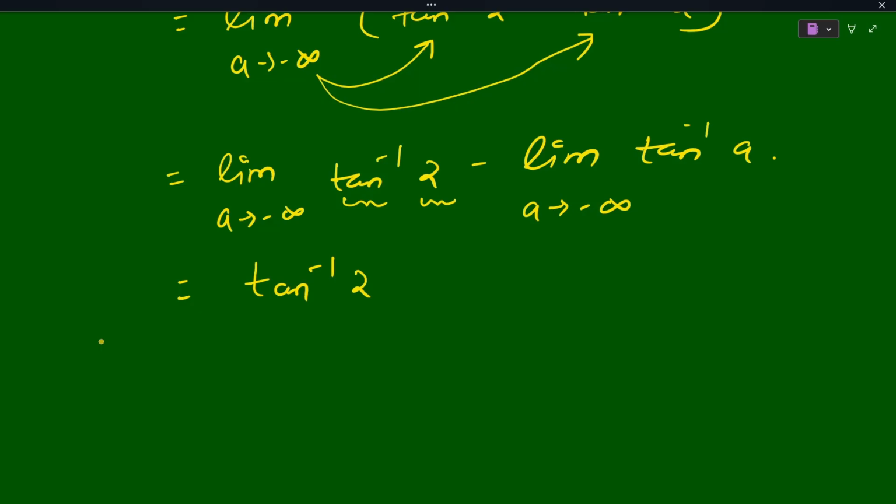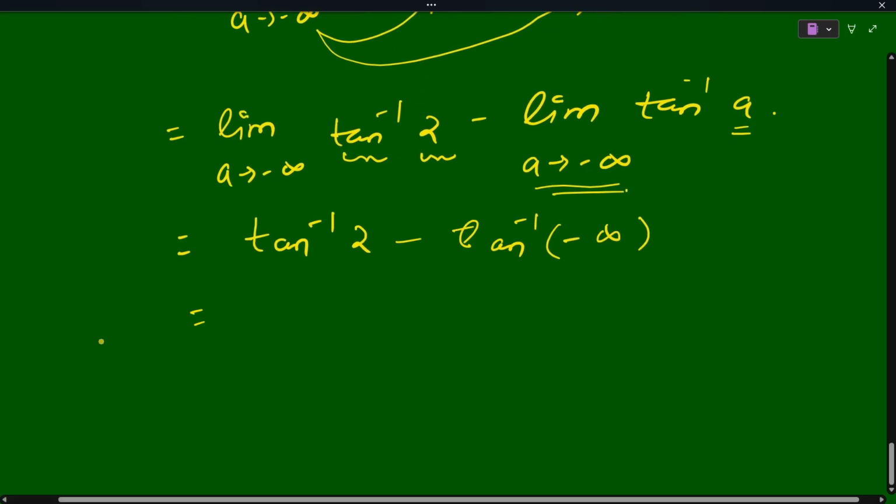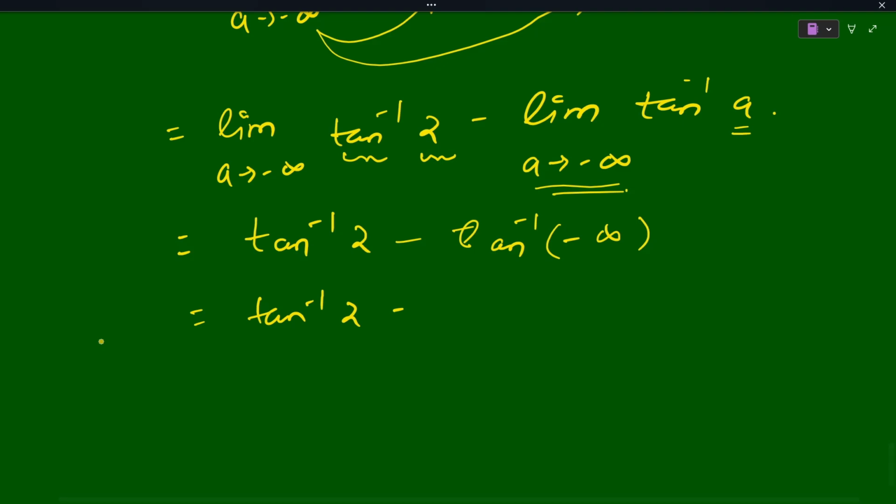Now in this section we will substitute a tends to minus infinite in place of a. So what will be this value? It is tan inverse minus infinite. If you remember, this tan inverse minus infinite would be minus pi by 2.